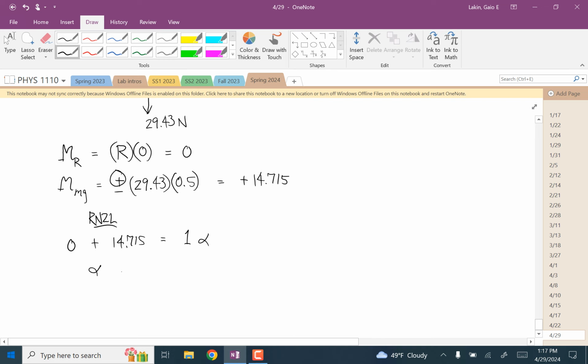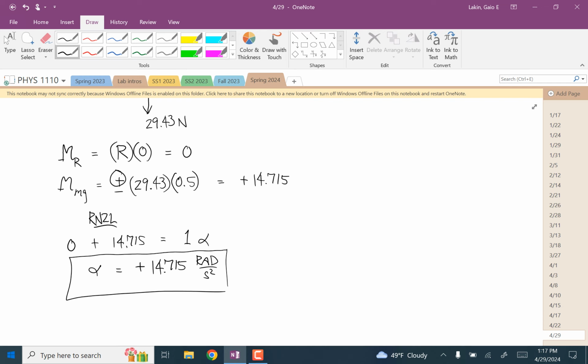And so alpha is equal to positive 14.715 radians per second squared. Anybody have any questions about that? Okay, that's all.